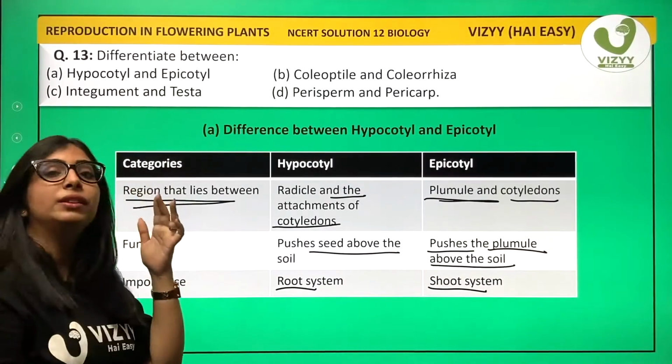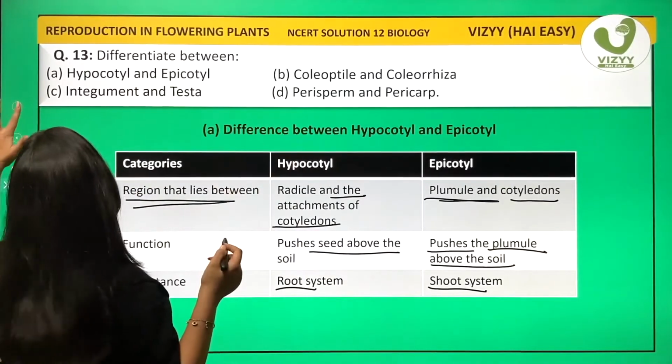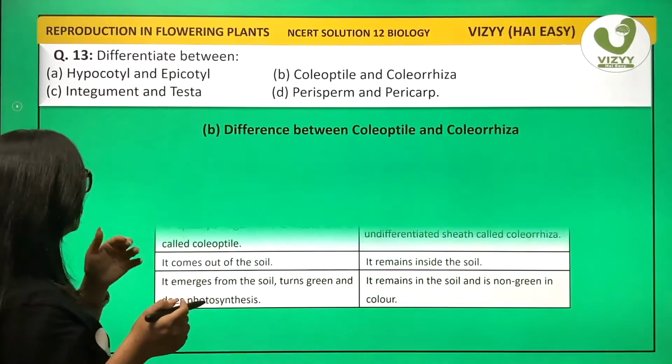Now, starting with difference 2. Difference 2 is coleoptile and coleorhiza.